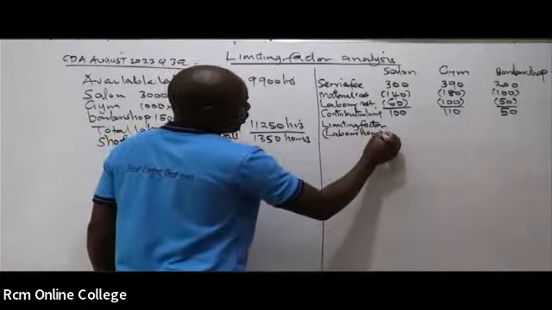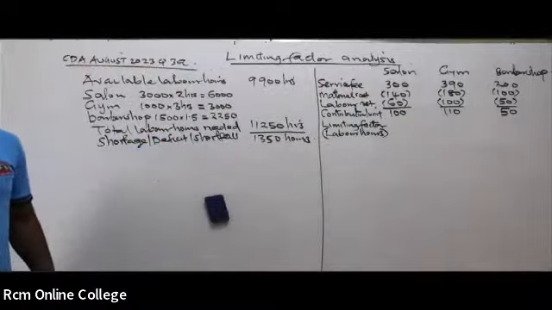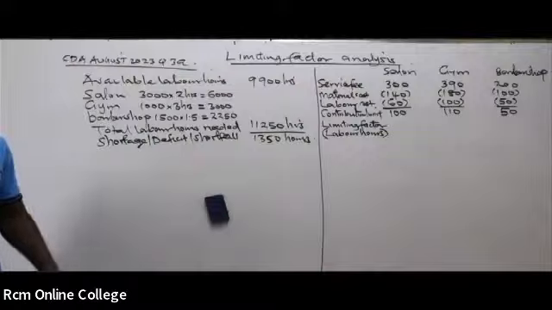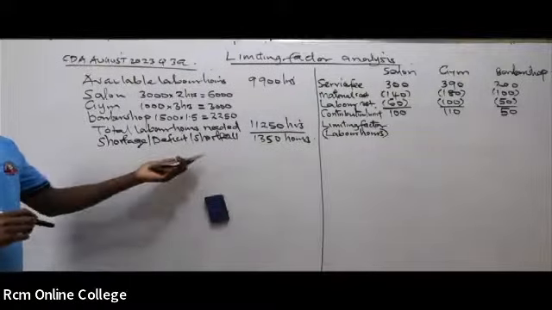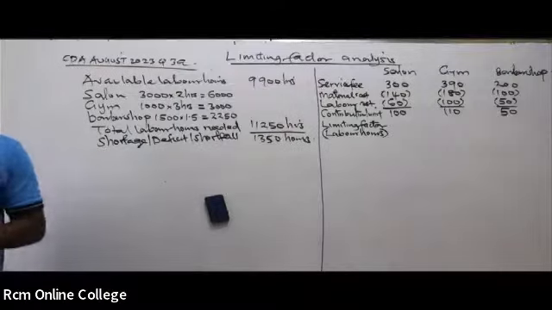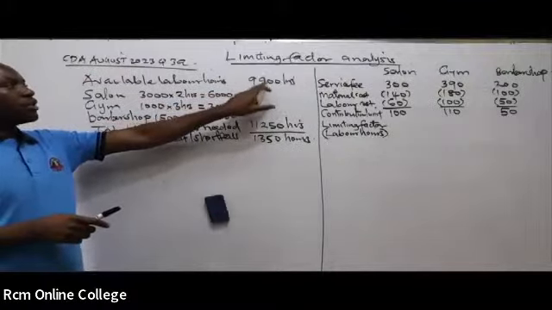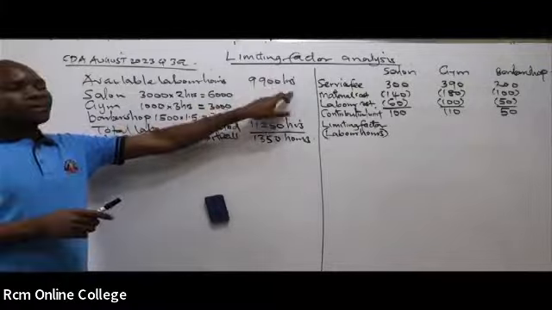Yes. So do we have the total labor hours? How do you identify the limiting factor? That is not captured here because the examiner told us specifically that labor hours is provided to the extent of 9,900 hours.